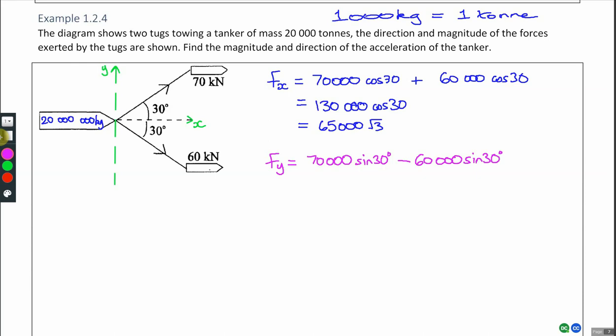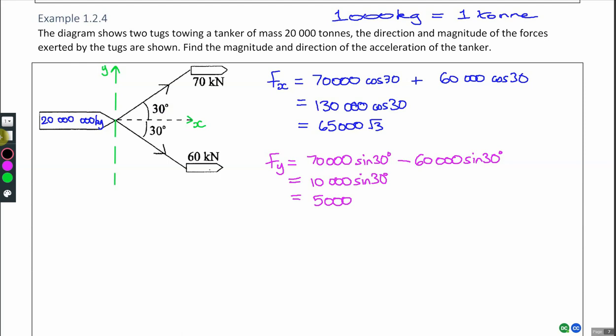If you can't remember how to get the sine 30 or the cos 30, then go back to example 1.2.1, the video for that, to remind yourself how to do it. So this is 10,000 sine 30, and since sine 30 is a half, then this is 5,000. Because that's come out positive, that confirms my suspicion that the resultant will act above the x-axis. It has a vertical component which is pointing up, not down.